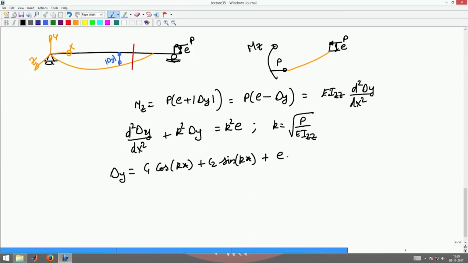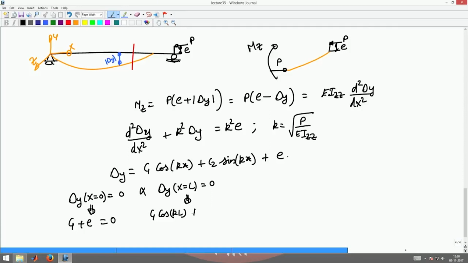Okay. Now, the boundary conditions are delta y at x equal to 0 has to be 0 and delta y at x equal to L has to be 0. Okay. This tells me that C1 plus e has to be 0, and this tells me that C1 cos kL plus C2 sin kL plus e has to be equal to 0.